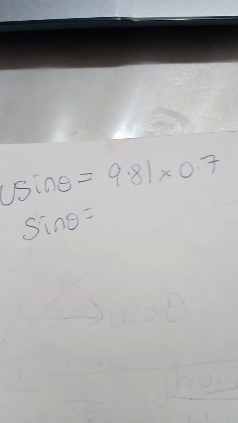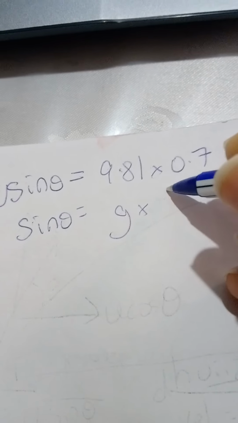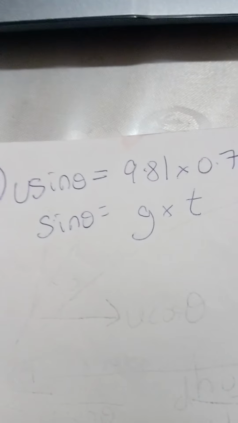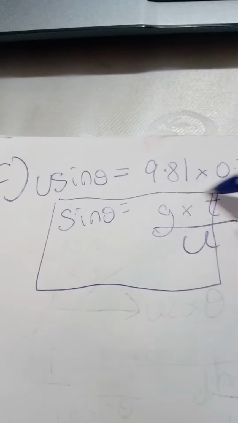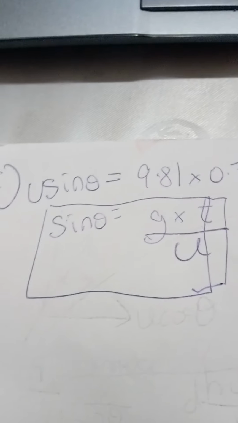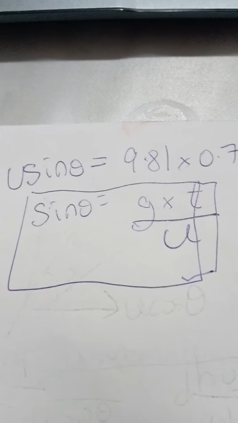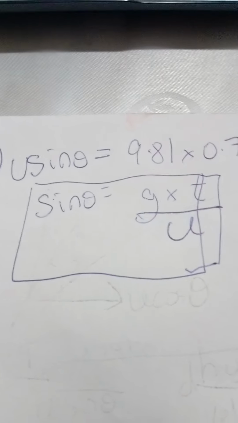And with sine theta as the subject of the formula, instead of 9.81, I can write g times t (0.7 is the time). I'm going to leave it as letters for now, and division by u. This is what sine theta is. Excuse the writing because it's difficult to write when holding the camera in hand.